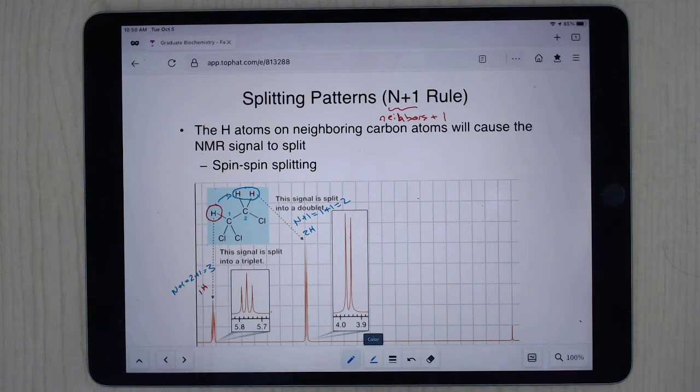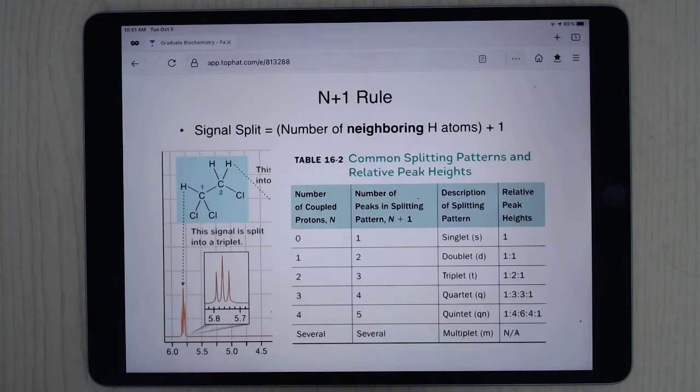So by looking at the integration and the splitting pattern, you can tell not only what's on that carbon, but how many hydrogens are on the neighboring carbon. If there's no neighboring hydrogen, so let's say it's just a carbon, or an oxygen, or something else that doesn't have a hydrogen on it, you're not going to have any neighbors.